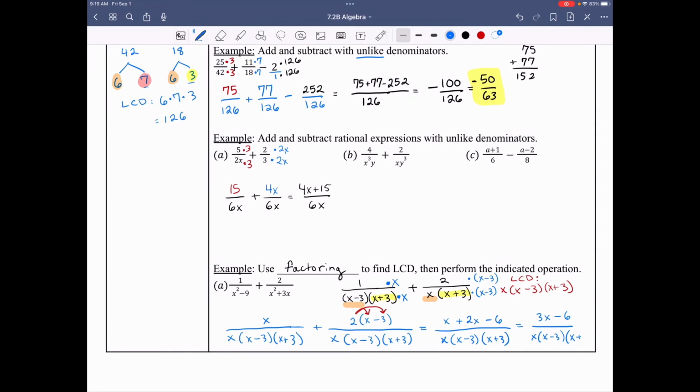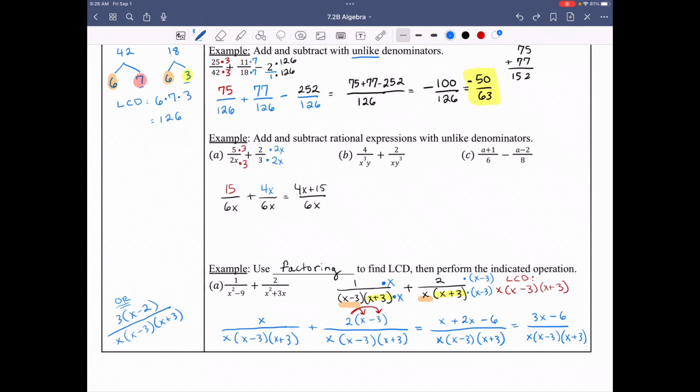If we refactored the 3x minus 6 into 3 parentheses x minus 2, I'm going to just show that over here. But nothing cancels. We want to just check that because if it does cancel, we want to cancel it. That's how we would simplify our rational expression.